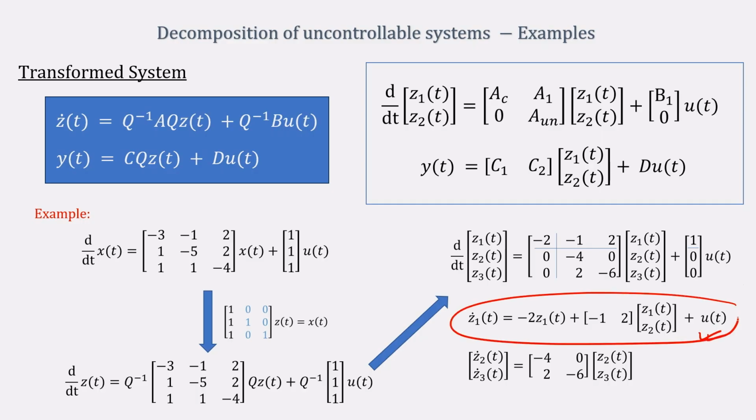This Z1 I will be able to influence with the help of an input, but Z2 and Z3 I won't be able to influence with the help of an input. So, these become the uncontrollable state variables, of course transformed state variables, and this will become the controllable state variable. Remember, the state space dimension is still 3.